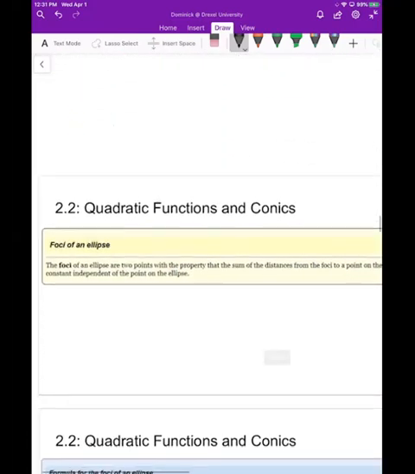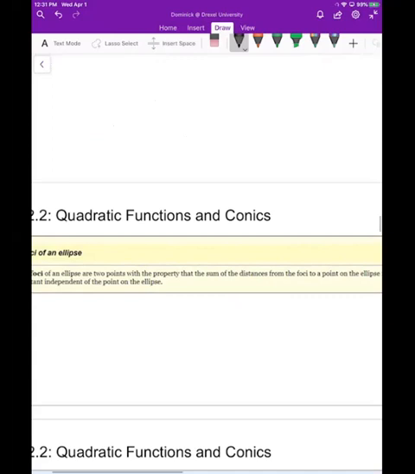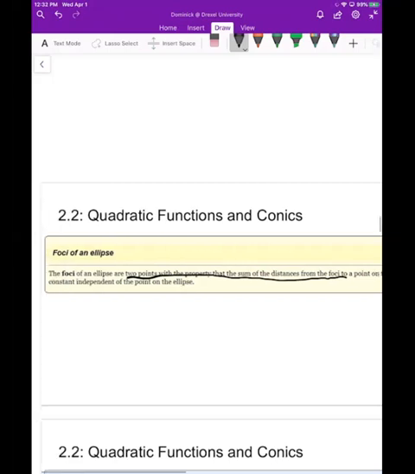All right. What we can now talk about is what's called the foci of an ellipse. These are 2 points such that if you add the distances from each of the 2 foci to a point on the ellipse, that sum will always be the same constant, regardless of which point you choose.